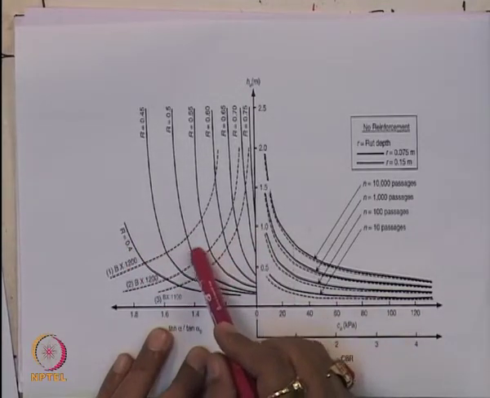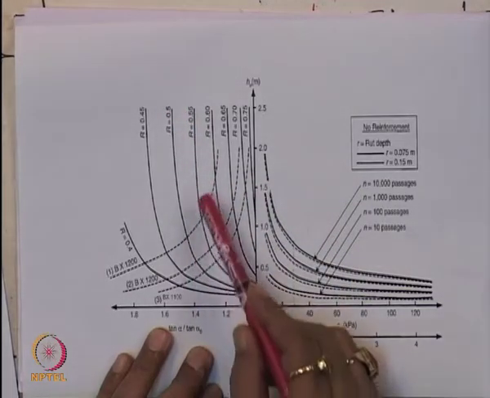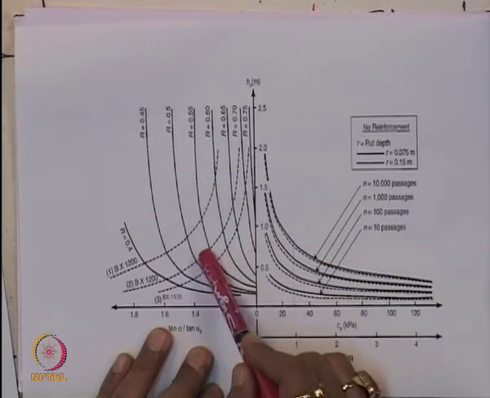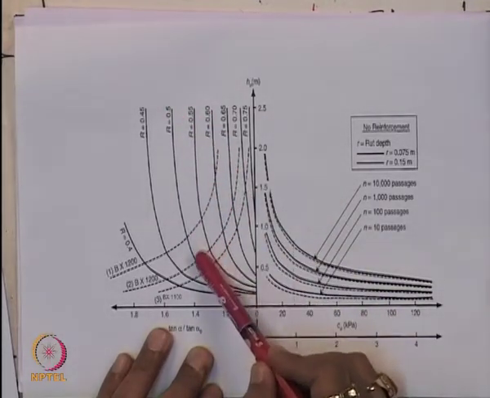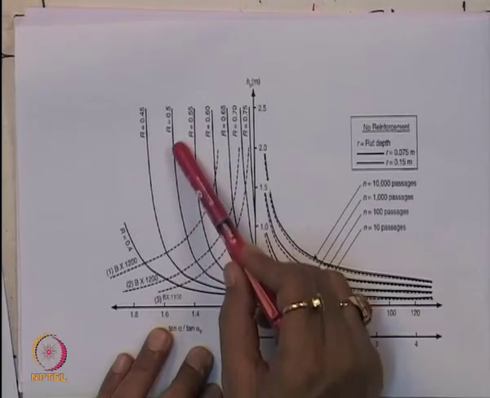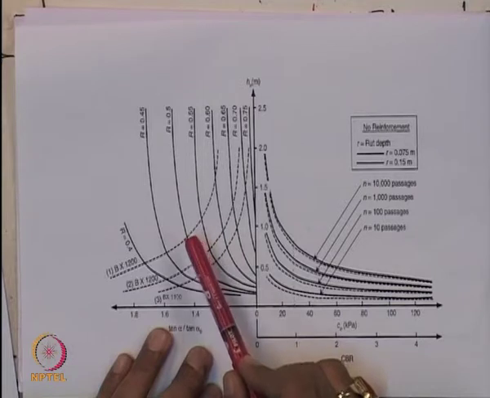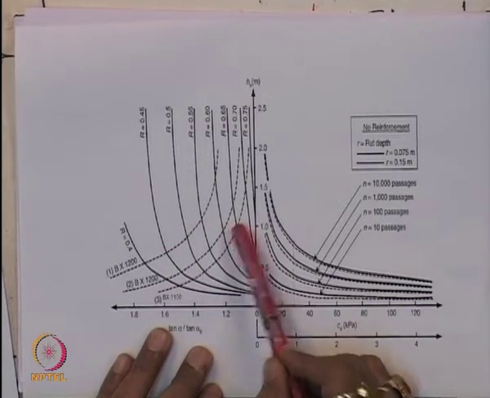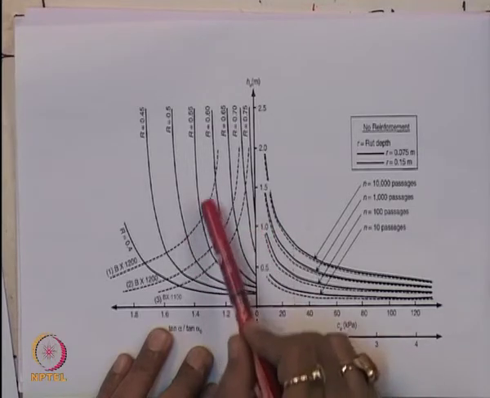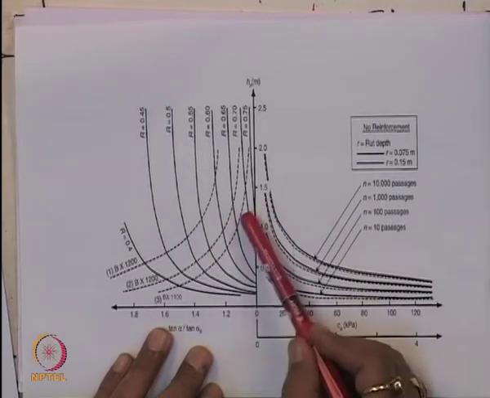So you can select the geogrid material, then you can calculate the value of R. If this line touches in between, say R is equal to 0.5 and another R value, then you can interpolate and calculate the value of R. R is the ratio of H by H0. So H0 is known to you, R is known to you, so you can calculate the thickness of the pavement with geogrid material.